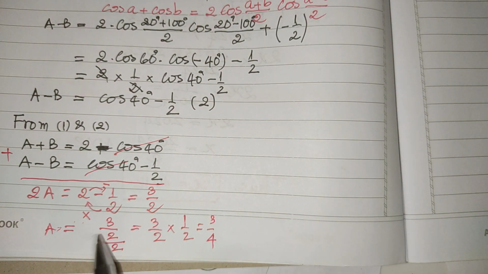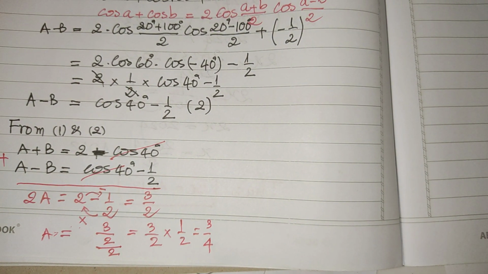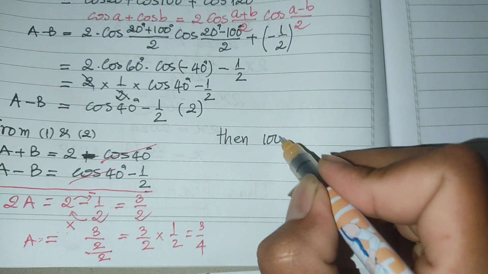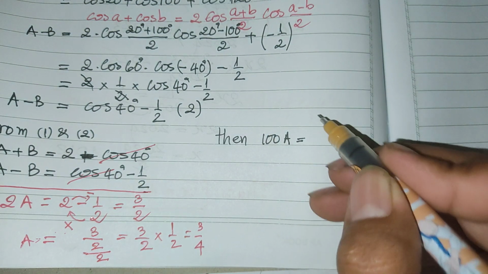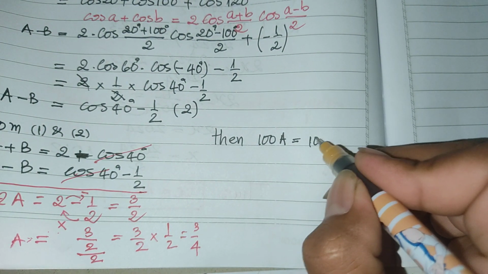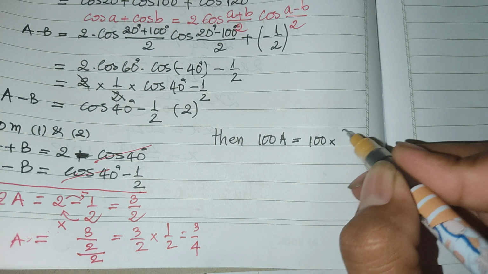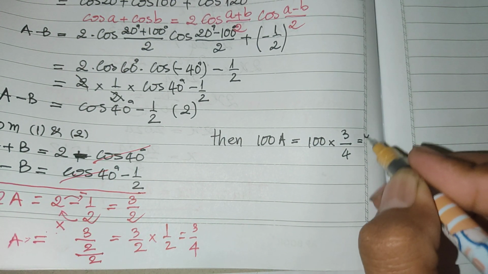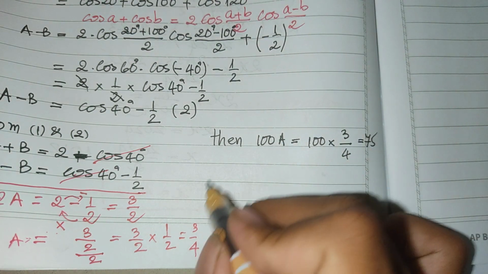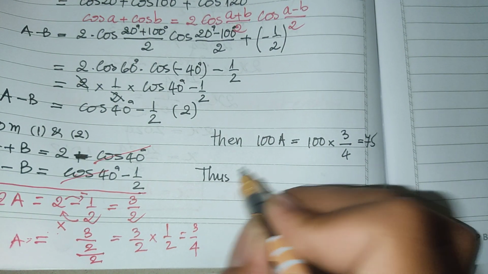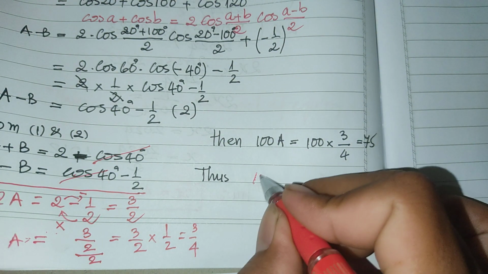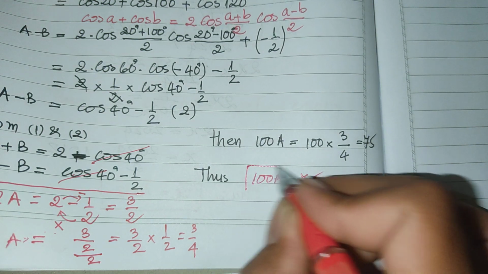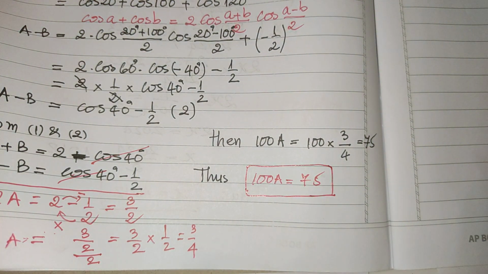Okay, now we have the value of a, and then we get the value of 100a, which is equal to 100 multiplied by 3 divided by 4, and it is equal to 75. So 100a is equal to 75, and that is our solution.